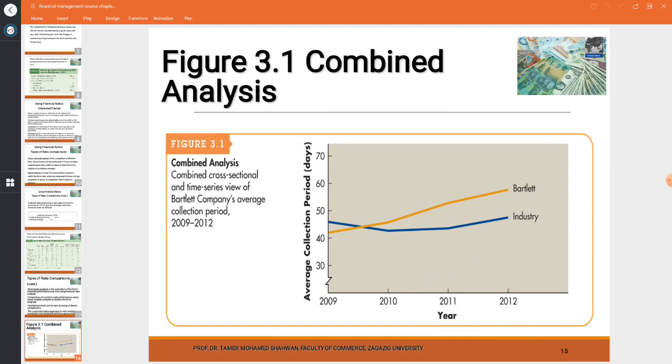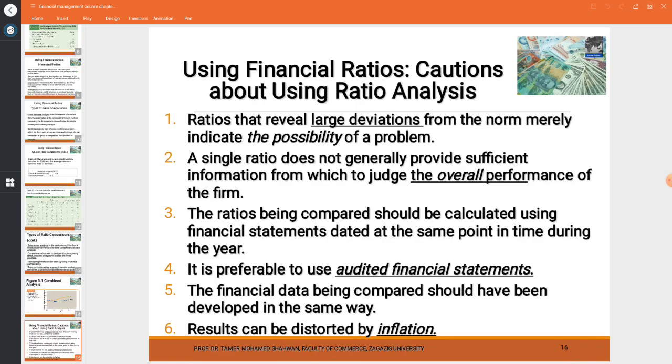By comparing the performance of the Bartlett company with its industry average over this specific period, you will have more knowledge and data about how the performance of this firm stands against its industry average.